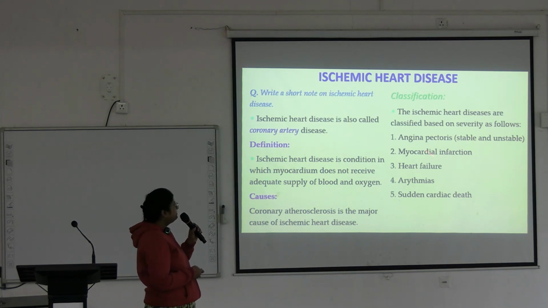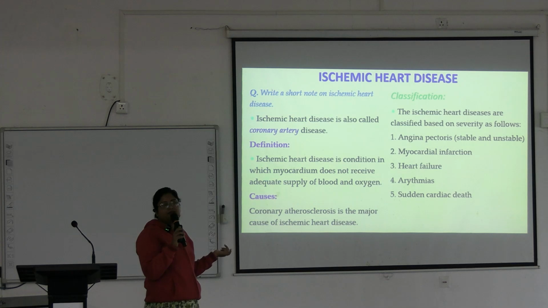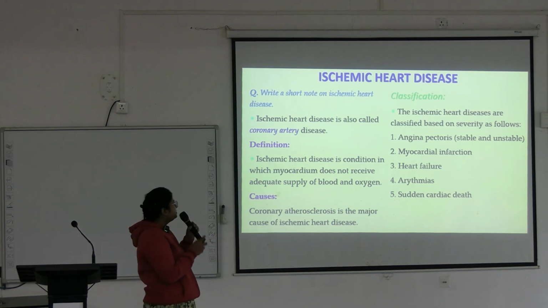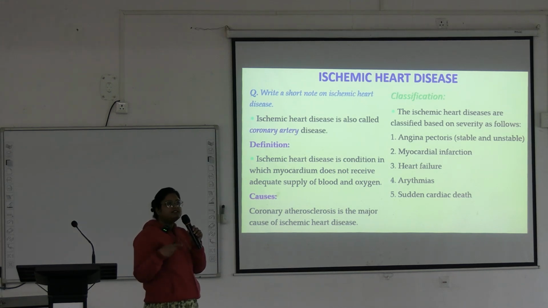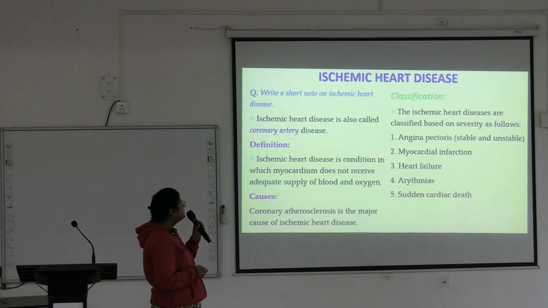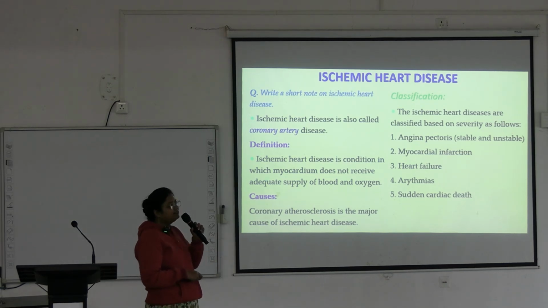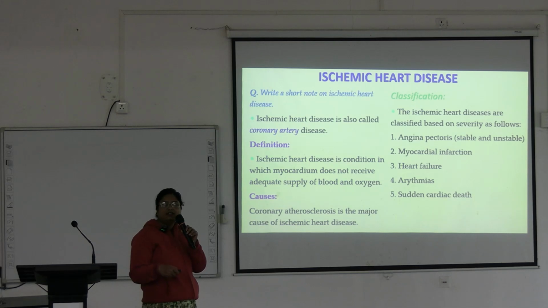Then there will be heart failure. The movement of the heart wall will be lost because of loss of blood supply, so there will be heart failure. Then there will be development of arrhythmias. Okay, the conduction system is not functioning properly due to loss of blood supply, so there will be arrhythmia, and then there will be sudden cardiac death. Okay, the heart will stop working, the patient will die.